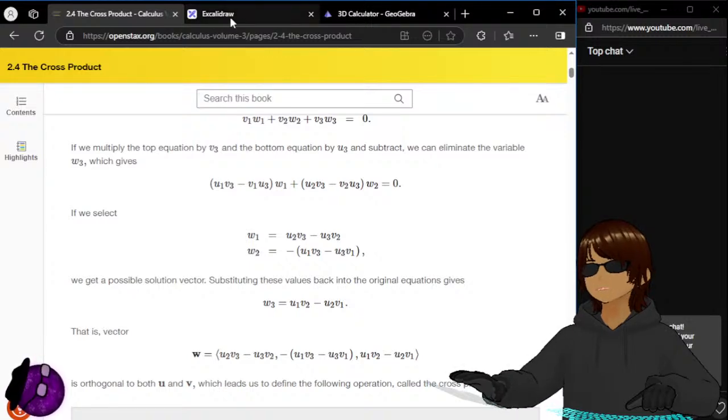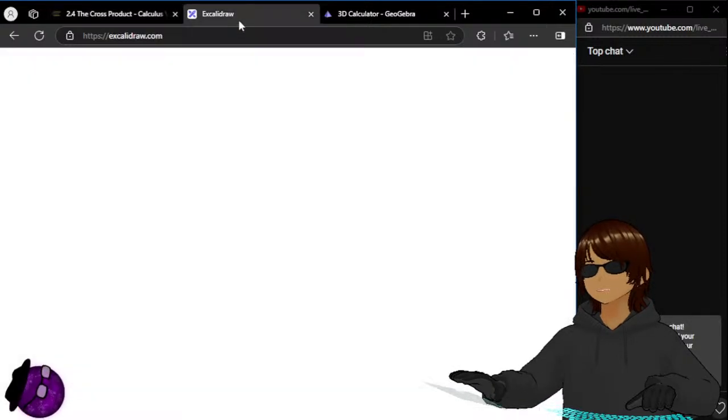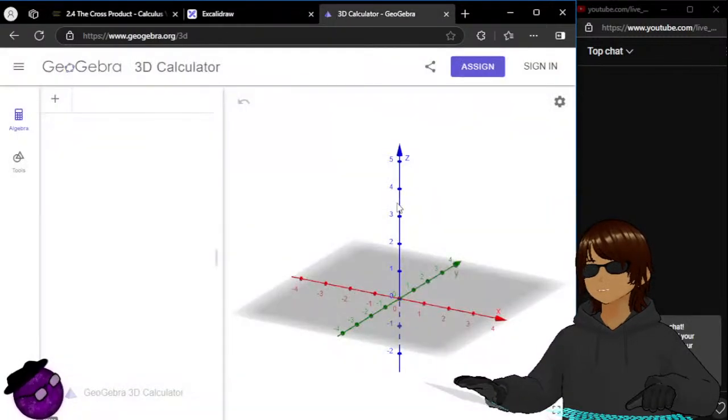But wait a minute. They're finding a vector that's orthogonal to the two vectors, right? But isn't there two directions of this? Like, let's say there's a vector here, a vector here, the red vector and the blue vector.